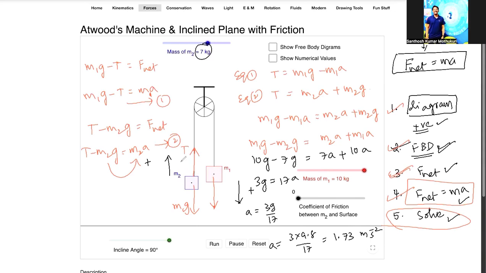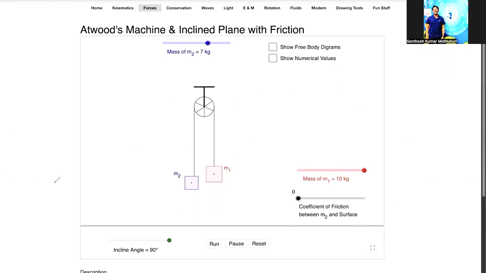So we got acceleration. With this acceleration, M2 moves in the upward direction and M1 moves downward. So let us remember 1.73 as acceleration. Now A is equal to 1.73 meter per second squared. When you substitute this in any one of the equations, you would get the tension. So as I erase this, let me just take the 10 kg mass because solving something that has 10 is easy, right? I'm drawing once again.